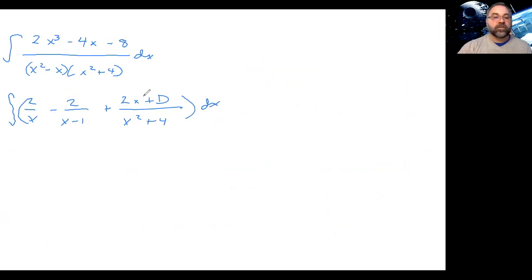And for the denominator, I put plus D, I meant to say plus 4. That's funny. There we go. And so I'm actually going to split that last fraction up because I can already see how I want to integrate that.